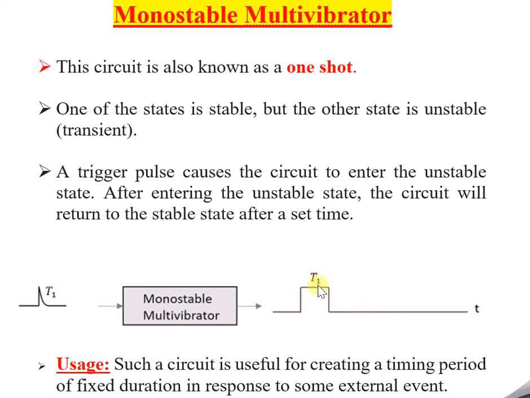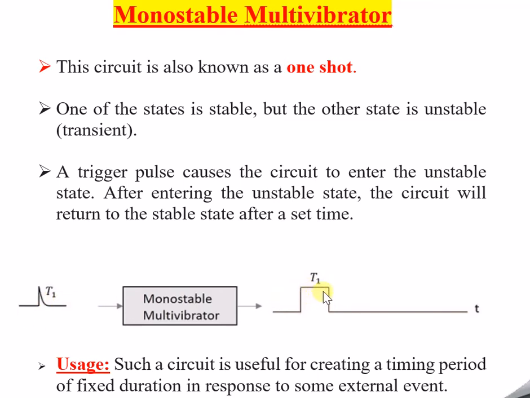See, this was off, then it became on. From off to on it has changed, which means it is unstable. How long will it remain unstable? Until this time t1, which we have set in the trigger pulse.